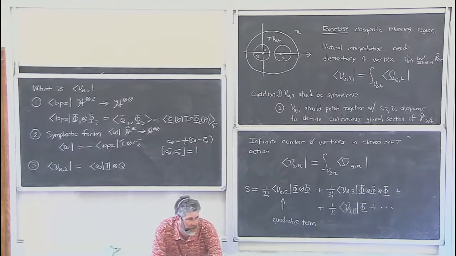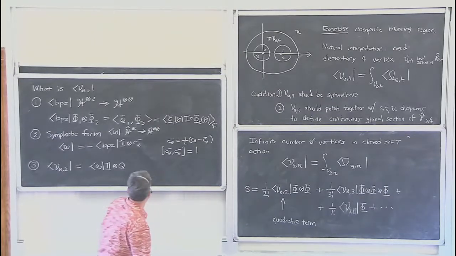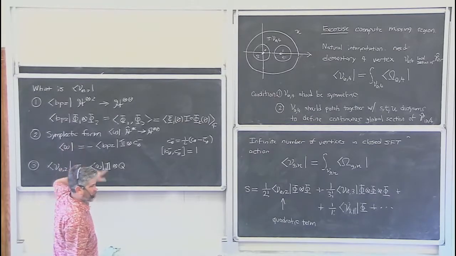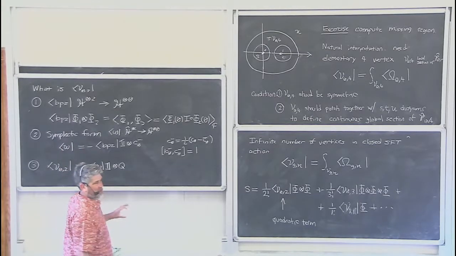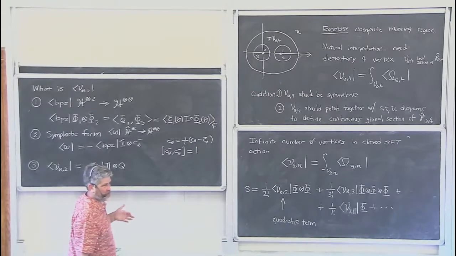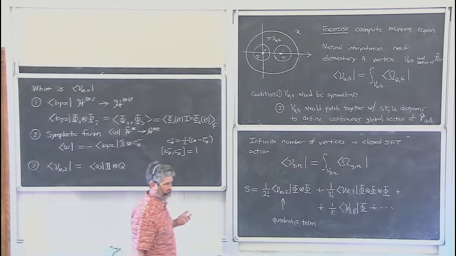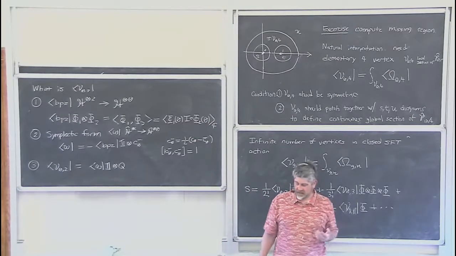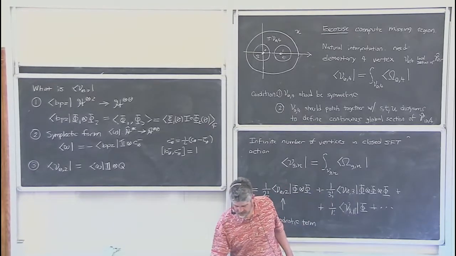So we don't have to use that formalism a priori. In fact, it's inconvenient in the context of the symplectic form, because the symplectic form is antisymmetric. So if it acts on a symmetrized state, it just gives 0.